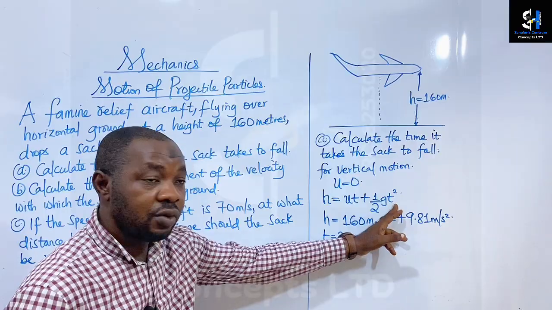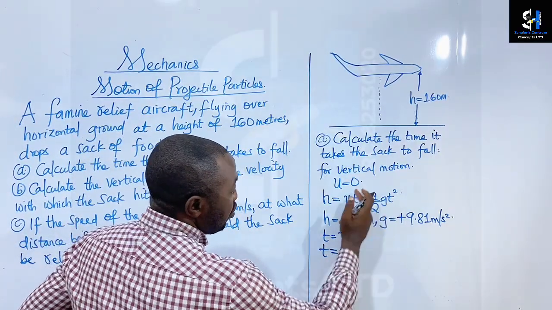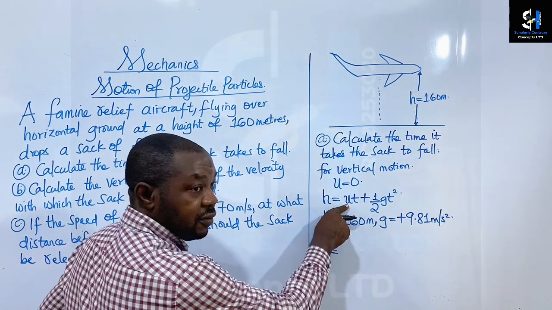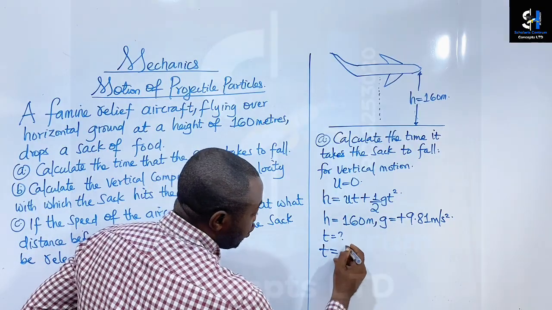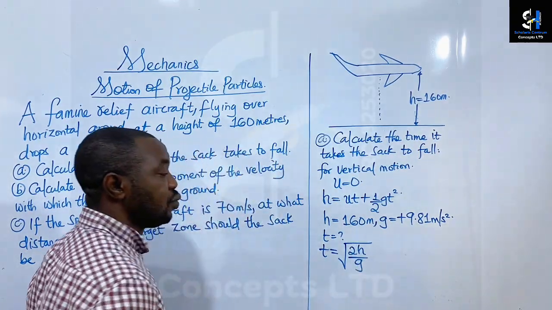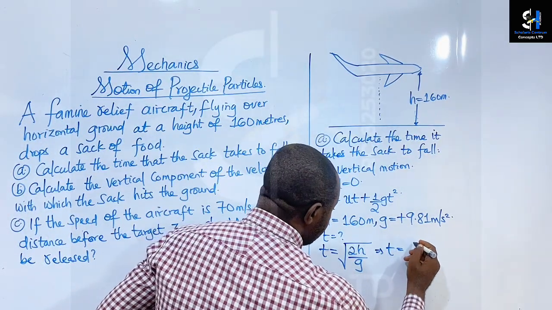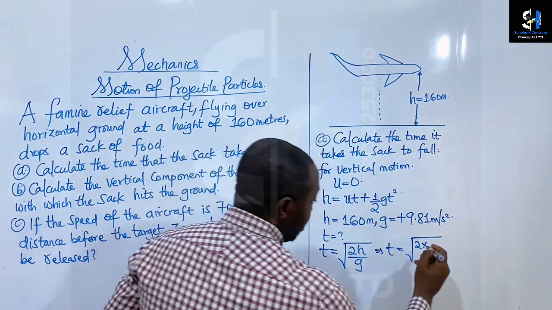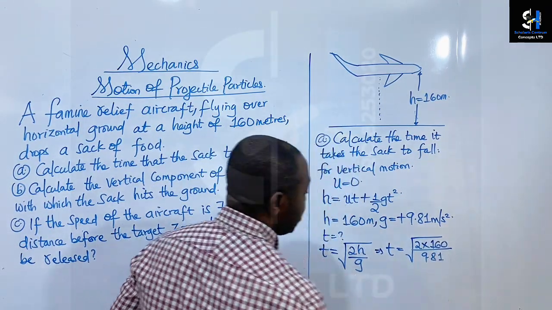To calculate t, we make t the subject of the formula, after substituting u, which is 0. We get t equals the square root of 2h over g. So t will be equal to the square root of 2 multiplied by 160 divided by 9.81.